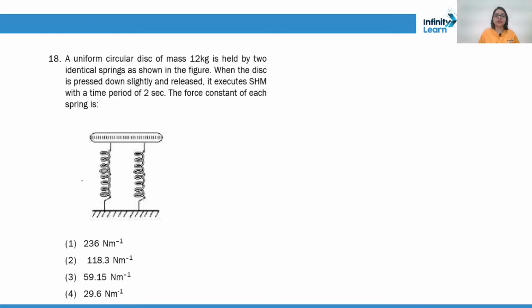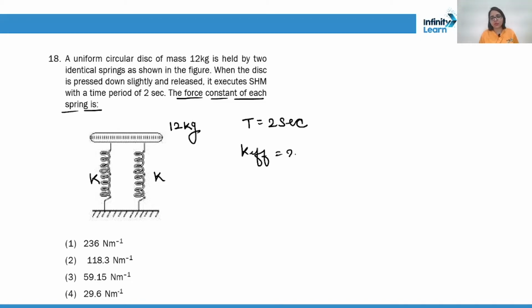A uniform circular disc of mass 12 kilogram is held by two identical springs. So you can assume that the spring constant is K as shown in the figure. When the disc is pressed down slightly and released, it executes SHM with a time period of 2 seconds. The force constant of each spring is? Now these two springs are in parallel combination, right? So K effective will be 2K.